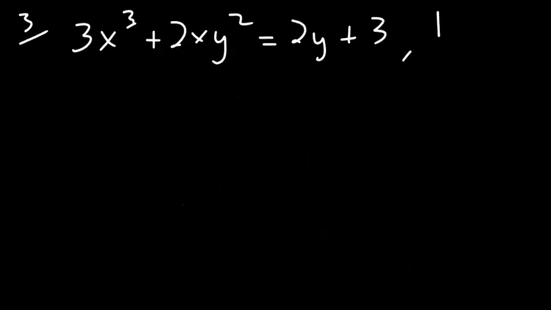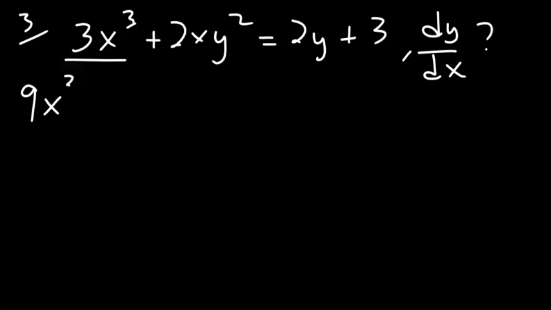How do we determine dy/dx for that function? Let's do it one by one. Let's look at term number 1. Taking the derivative of 3x cubed is pretty simple. It's just 9x squared. Now the second term. Plus 2 is just a constant.